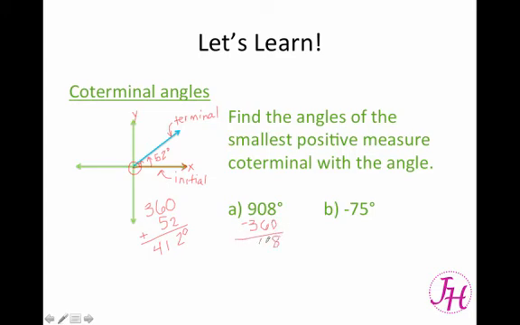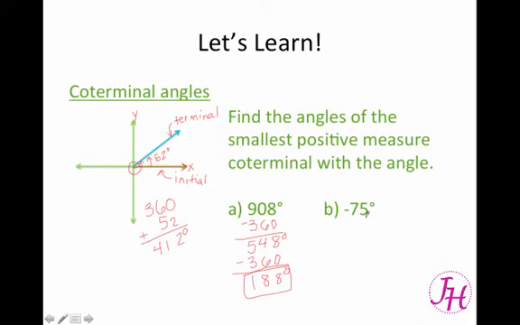We get 548 degrees, which is greater than 360, so let's subtract another 360 and see what we get. All right, so we get 188 degrees, and that is smaller than 360, so that is your answer for that problem.